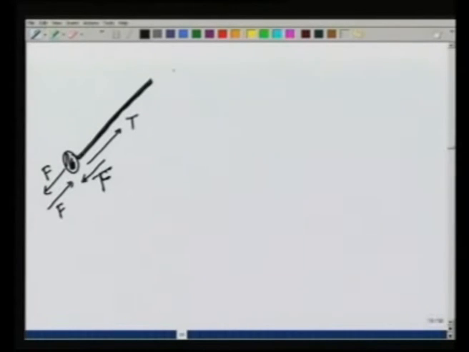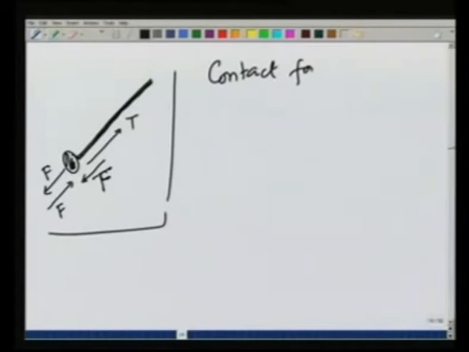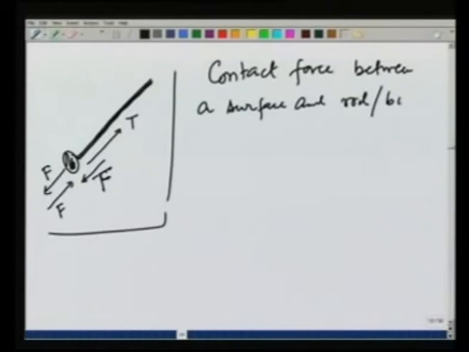Next, let us discuss the contact force between a surface and say a rod or a box on it.